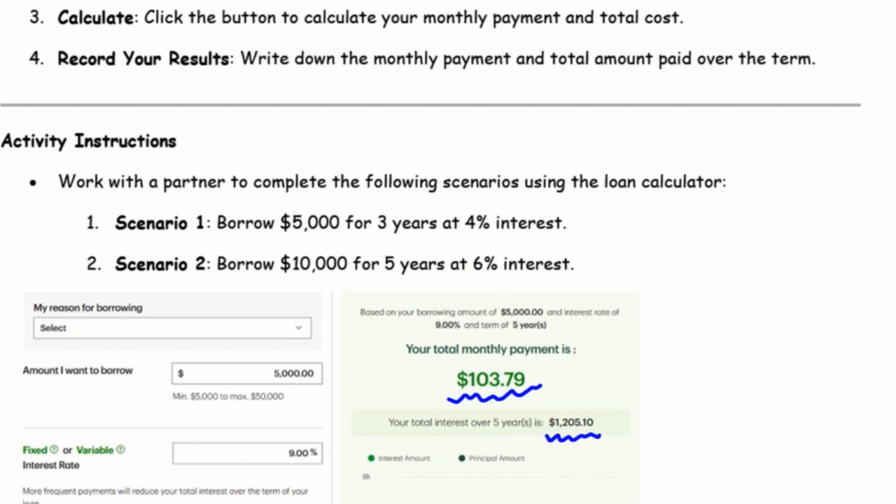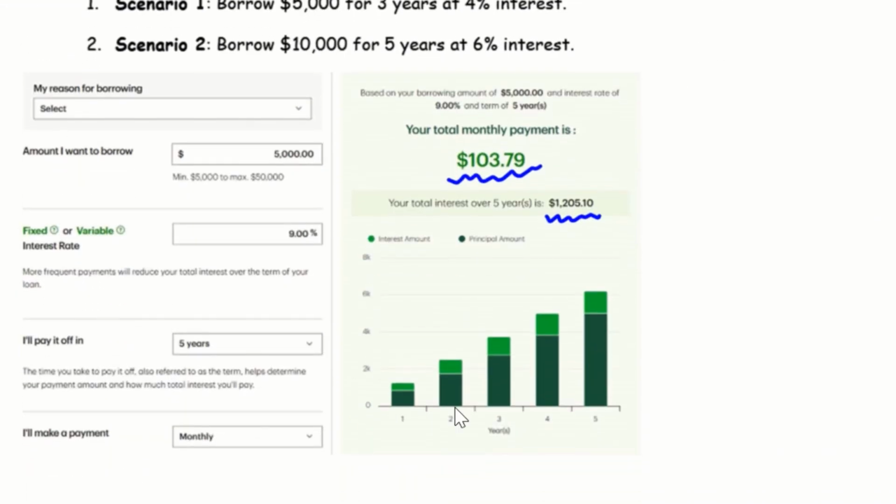So you input how much you are going to borrow, the interest rate, the term, and how you will pay it. And this is a chart showing how much you paid after each year.